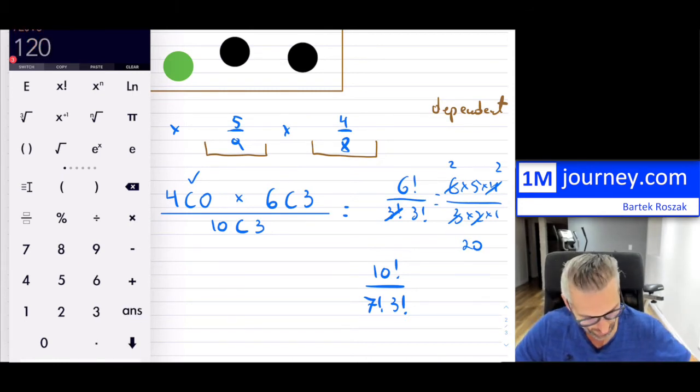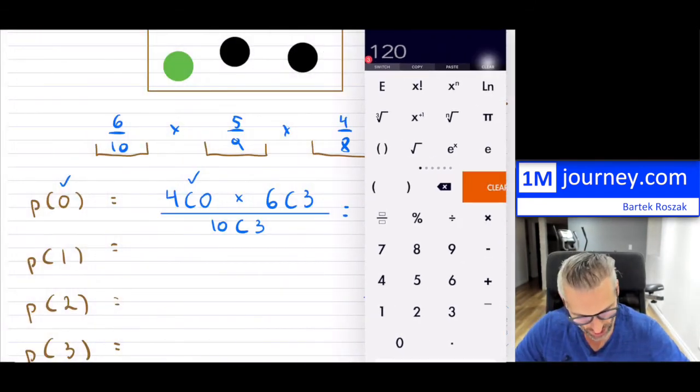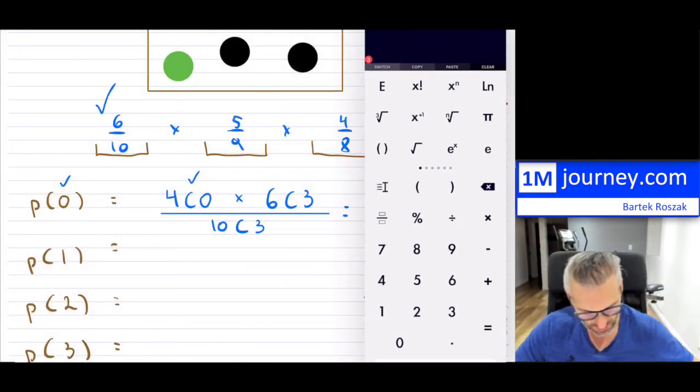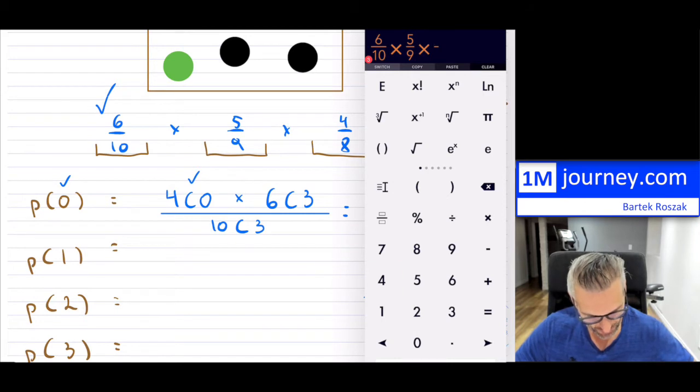So we had 120. So this is 20 over 120, which is really just 1 over 6. Now, if I started it off by doing 6 over 10 multiplied by 5 over 9 multiplied by 4 over 8.